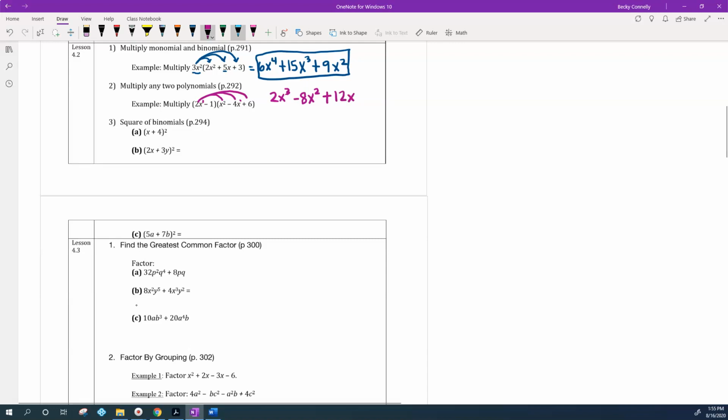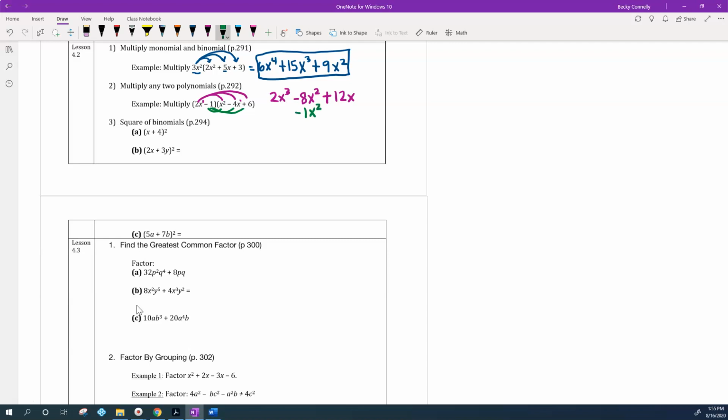All right, now I still need to distribute my negative 1 to everybody. All right, because all I did so far was just the 2x. So when I do this, I'm going to write it underneath what I wrote here in purple, making sure that I line up my like terms. So negative 1 times x squared is going to give me negative x squared, or negative 1x squared, however you want to write it.